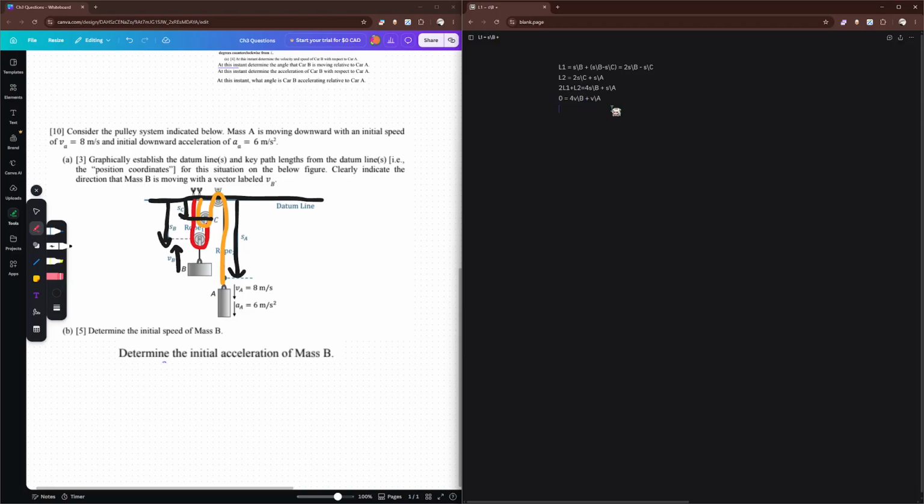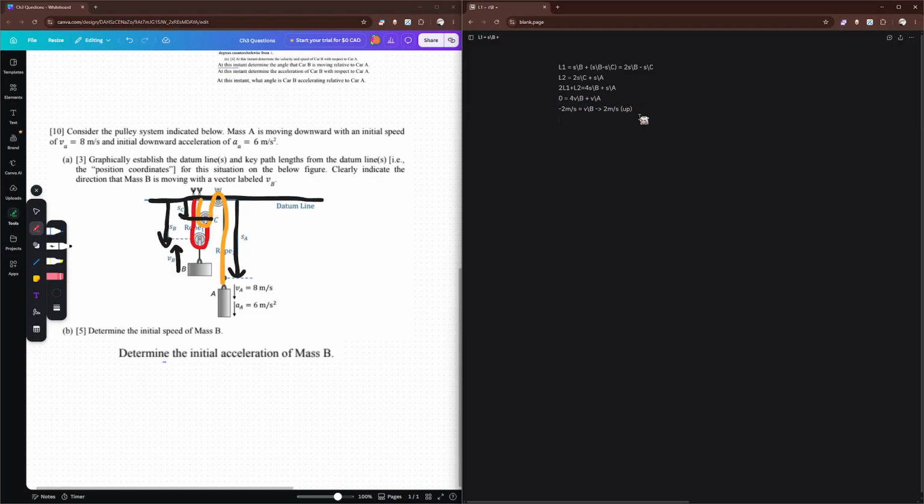So minus 2 meters per second is equal to VB, which is the same thing as saying 2 meters per second up. Because we want speed, not velocity. Velocity would keep the negative, but this is speed. This is the magnitude, so it's going up.